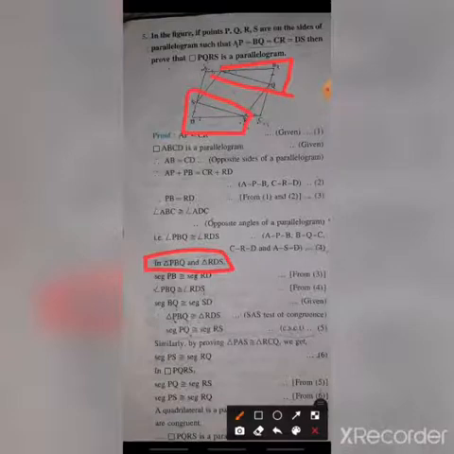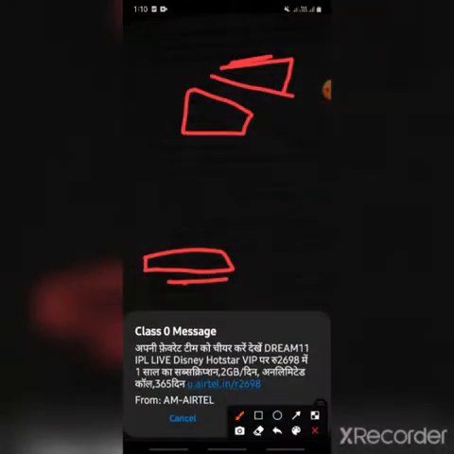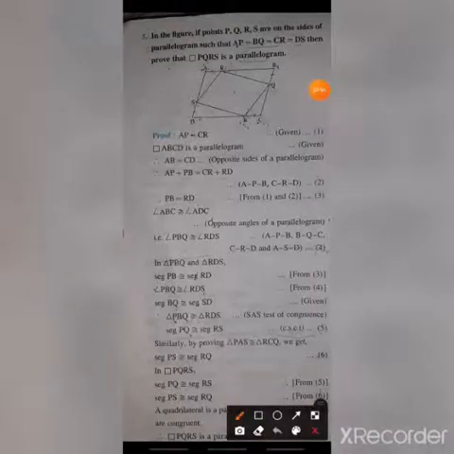Here PB is congruent to RD. Then angle PBQ and RDS are congruent from 4.